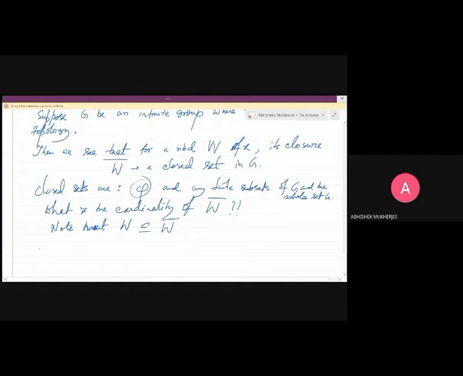So we need to choose one neighborhood W of X which will have infinitely many elements.